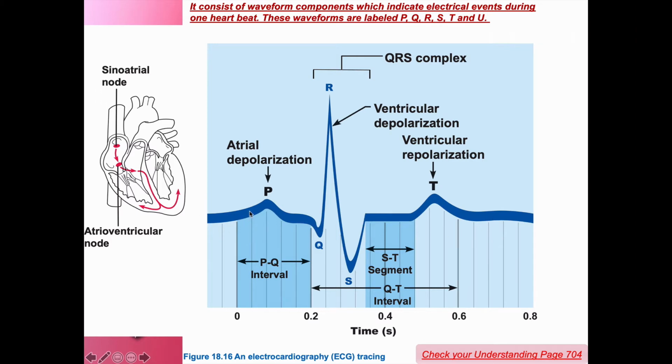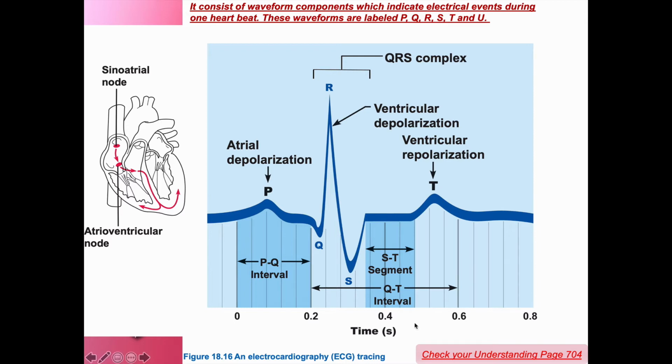These three waves, P, QRS wave and T wave, represent one heartbeat, one cardiac cycle, that is systole and diastole. It takes 0.8 seconds, that is 800 milliseconds.